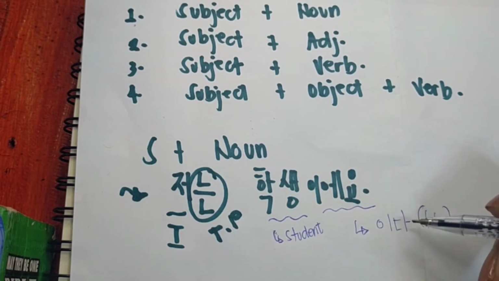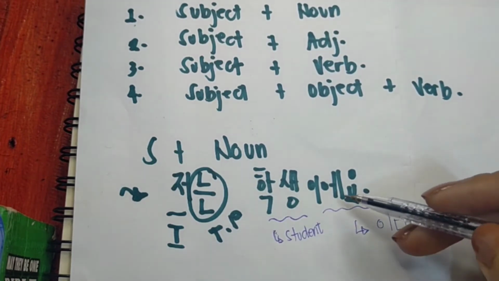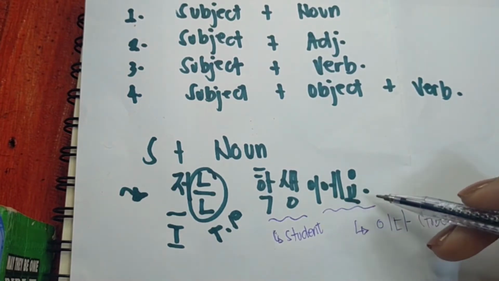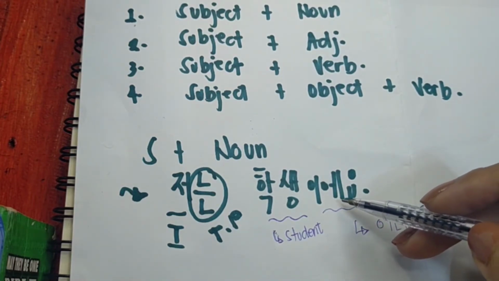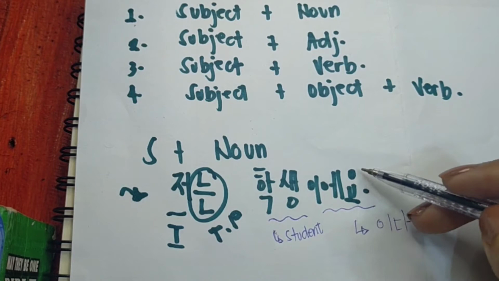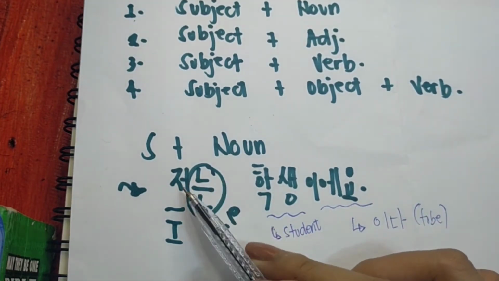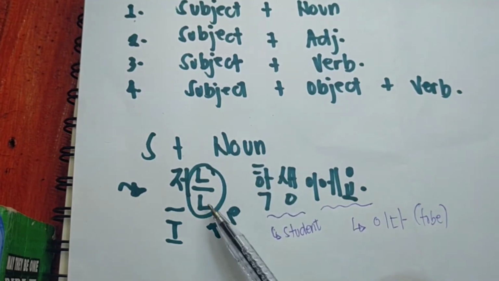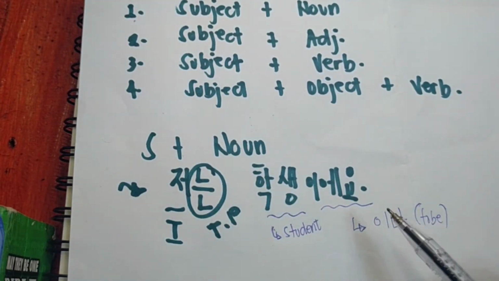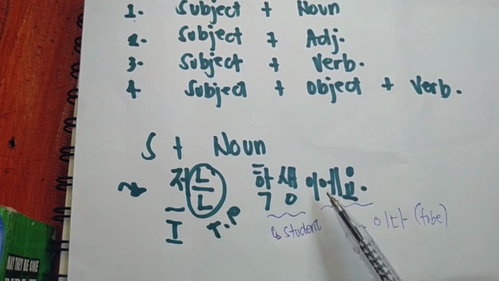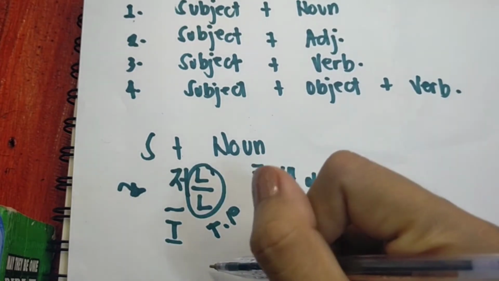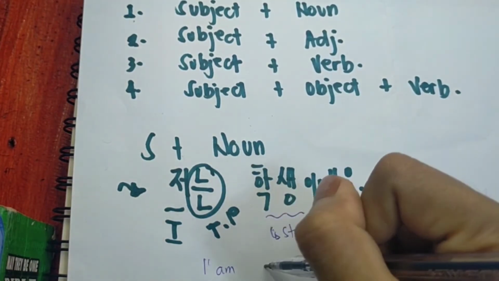So, pag kinonjugate mo yung ida to present tense, magiging iyeyo siya. Dadagdagan mo siya ng yeyo. Ayan. Subject plus noun. 저는 학생이에요 means I am a student.